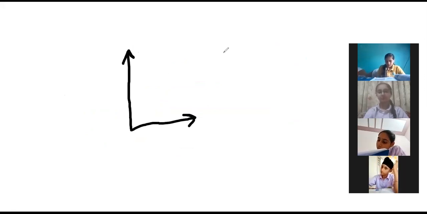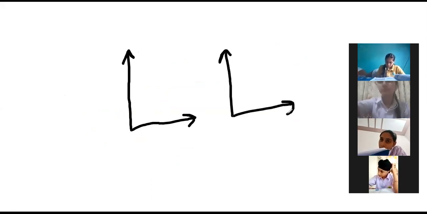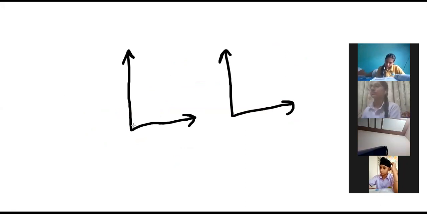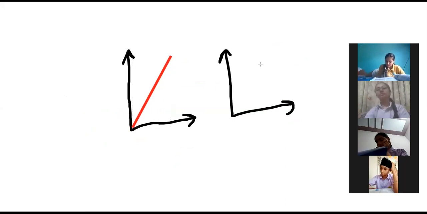See, I'm going to draw the two graphs in front of you. In one case, you will have a straight line with some angle with the time axis. The second straight line you get in this way. So both are straight lines, but there is a big difference.